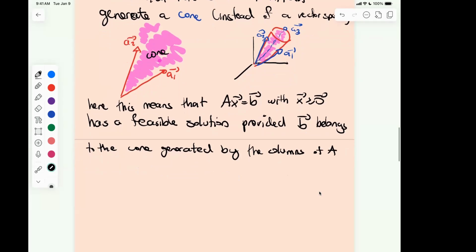Again, maybe you have three columns, like in the example I was doing before: a column, another column, a third column. This is how the cone looks in this case.